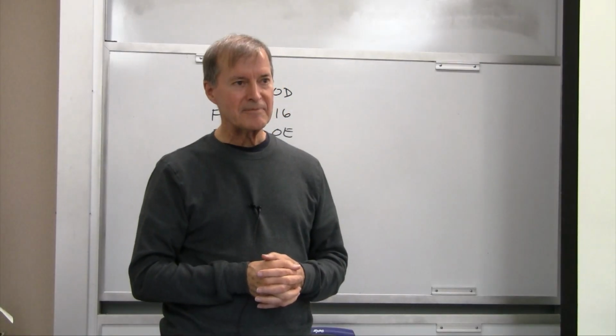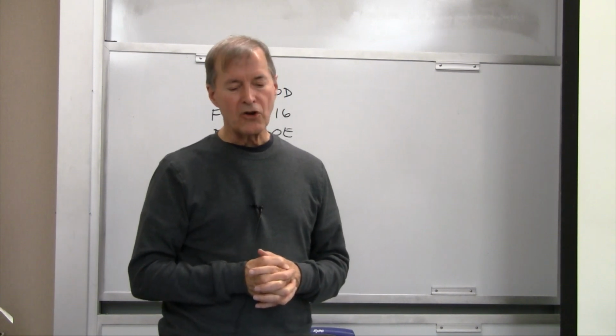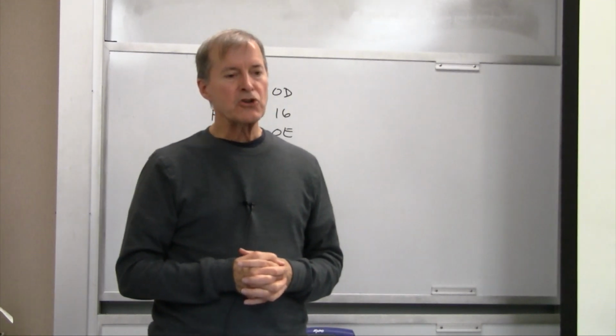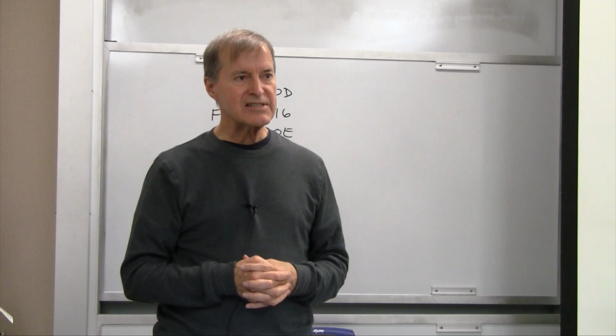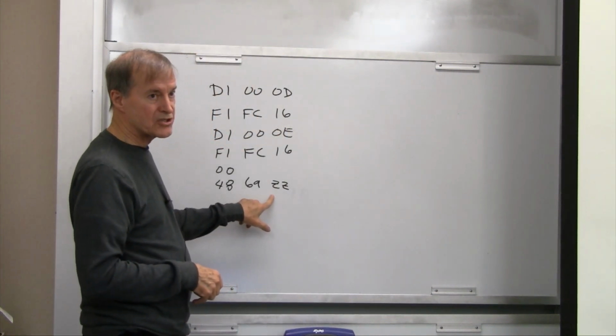Okay, question? Just looking at the outline from the examiner file. That's a really good question. Here's what you could do. After you write the ZZ right here, that's the sentinel for the loader. The loader stops here.